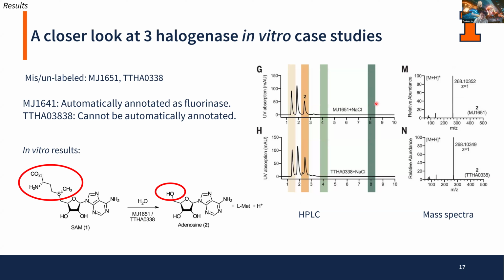The darker green will be for the chlorinated expected products, and then this light green one will be the fluorinated SAM product. But neither of these two peaks have been detected. Instead, the hydrolase activity was detected. So the HPLC and mass spec basically supported CLEAN's prediction, and indeed corrected the mislabeled annotation or the unable-to-annotate scenario in the UniProt database.